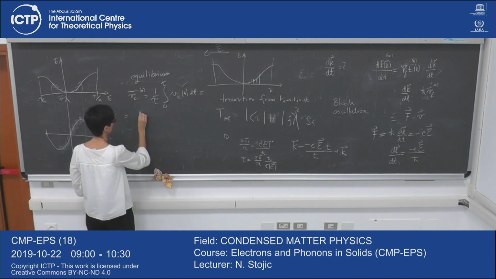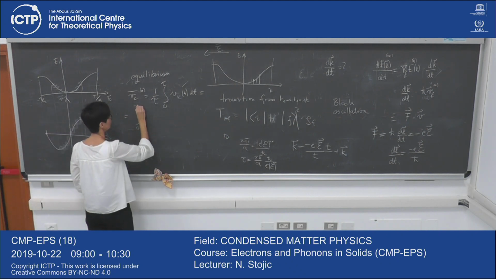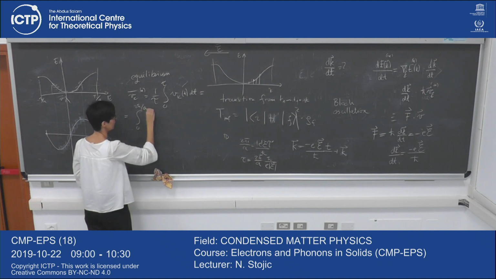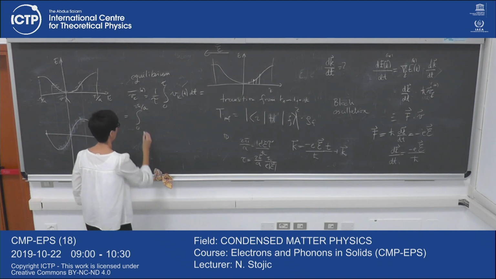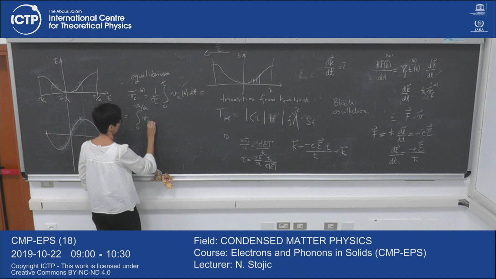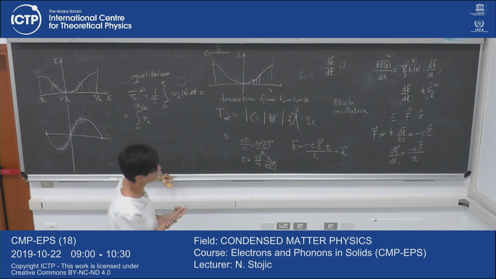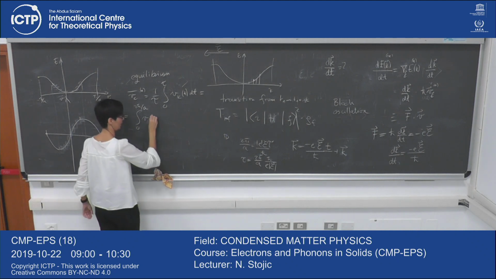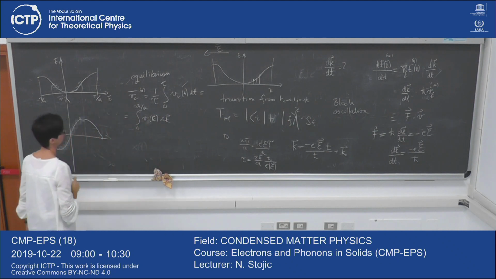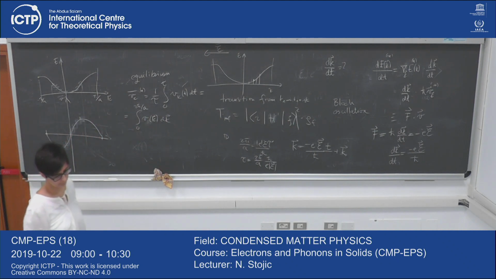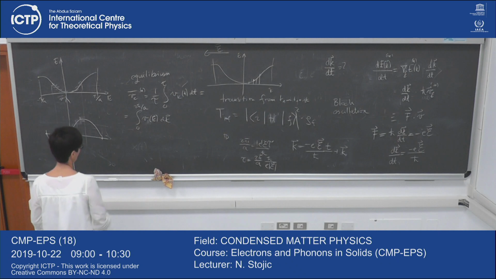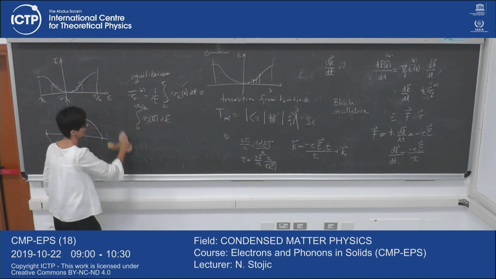And this will be 0 to π over a, v of k dk. So let's write it this way.